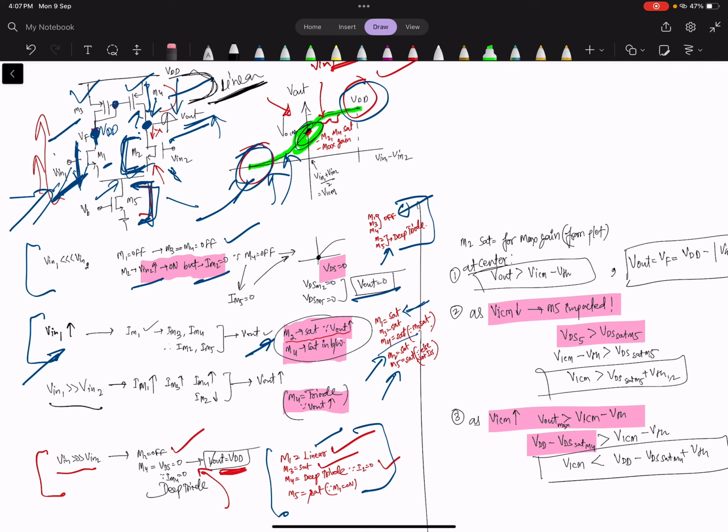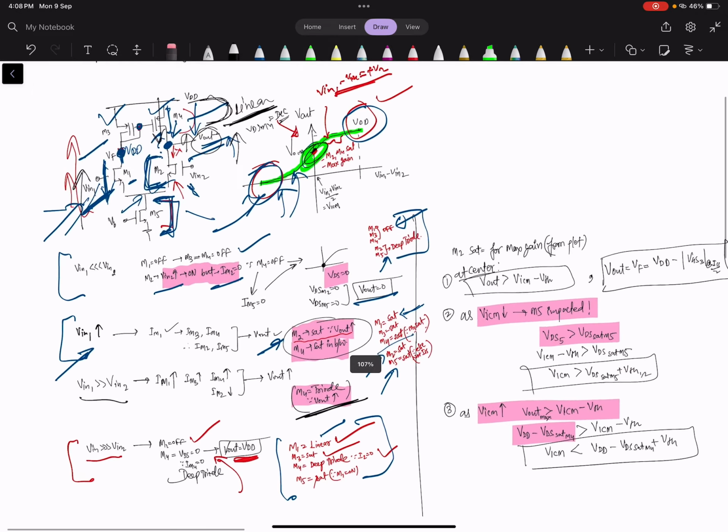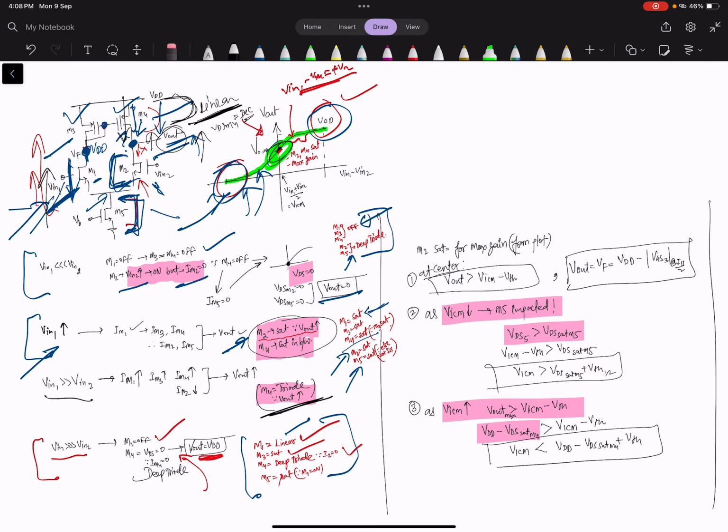Basically, if this voltage is increased, current will increase, more and more current, and this voltage is increasing, so VDS of M4 is decreased. That is why it is going into the triode region. So this is the basic operation of the large signal analysis of the 5 transistor OTA.